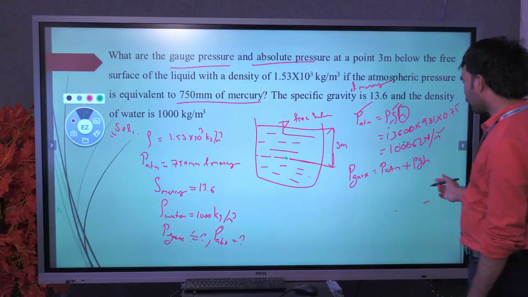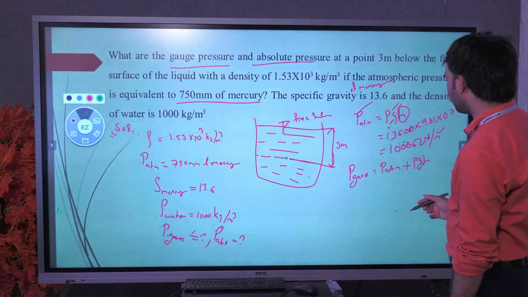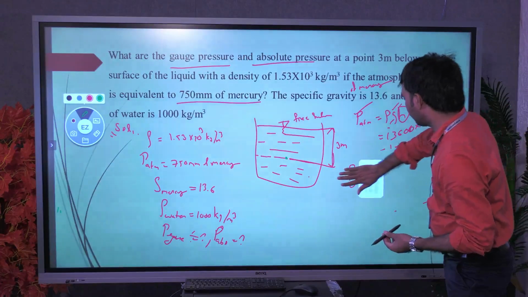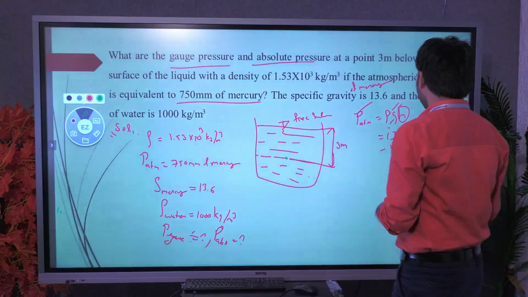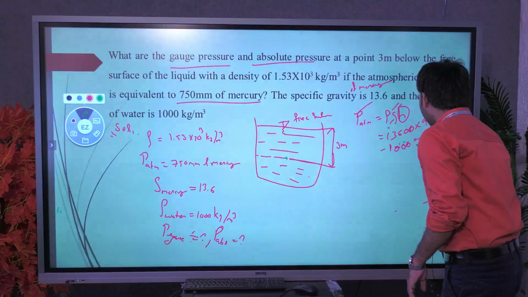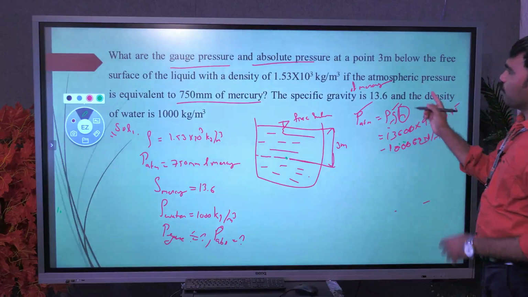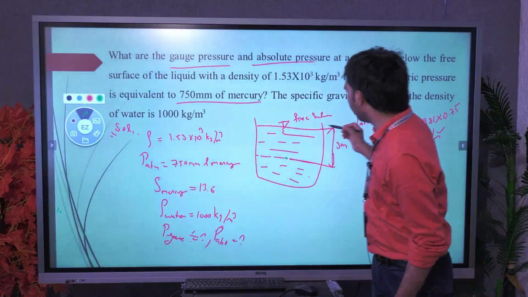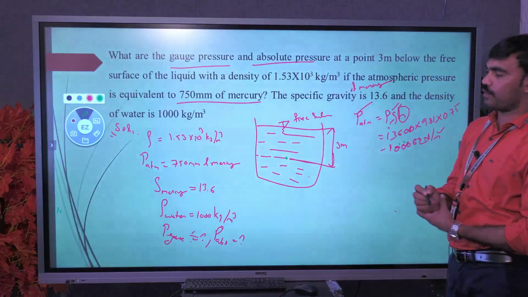So what is the rho GH? That we will measure, right? This is 1,62,000. Now we will try to measure the pressure. For the pressure measurement, it is given as 3 meters below the free surface of the liquid.